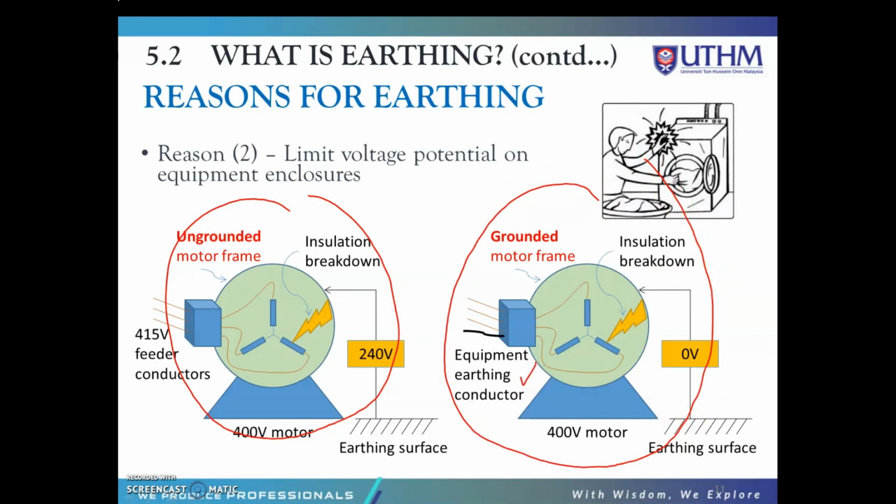Grounding or earthing metal electrical enclosures such as these motor frames puts both the earth and the metal enclosure at the same potential, which is zero voltage, same as the earth. So with both the metal enclosures and earth at the same potential, shock hazards are reduced and an electrically conductive path for any fault current to flow is established.